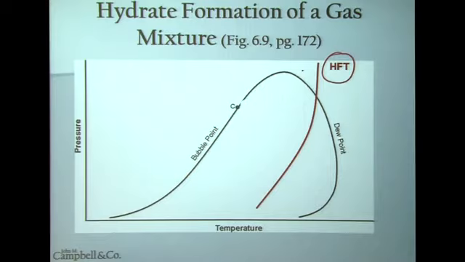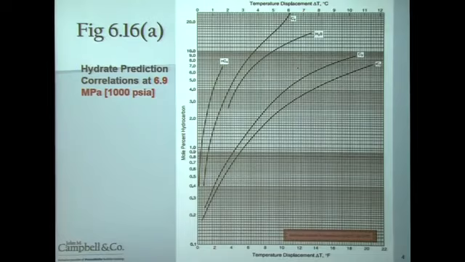I'd like to review with you an approach that we cover to figure out how to locate the hydrate formation temperature curve. The approach is called the Trekell-Campbell method, and we use charts to help us determine where the hydrate formation temperature curve may be.